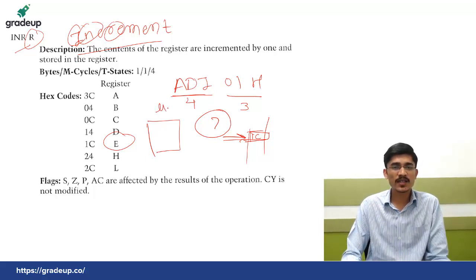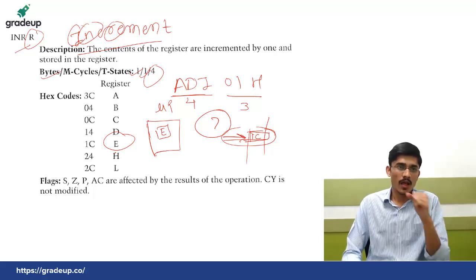As you know, this is the microprocessor and this E register is inside the microprocessor. It just has to add 1 to E, which is already inside the microprocessor, so it will not take any further time. After the opcode fetch, the E register will be incremented by 1. So it is a 1 byte instruction. It requires only 1 machine cycle and 4 T states.